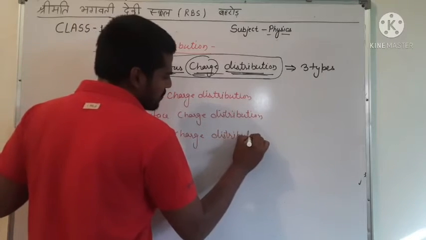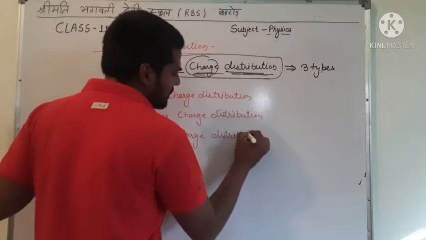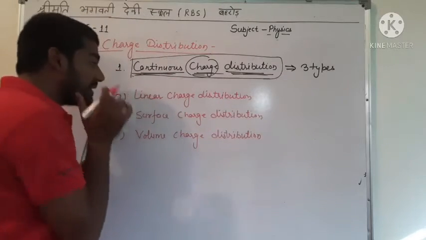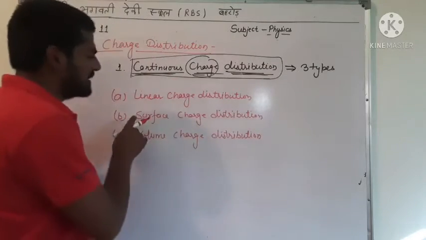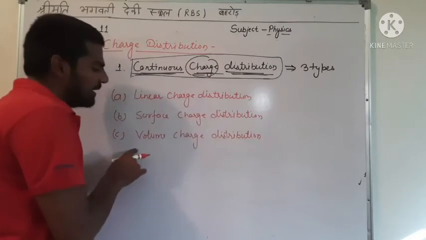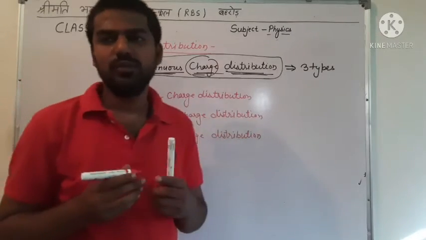These are the three types of continuous charge distribution.